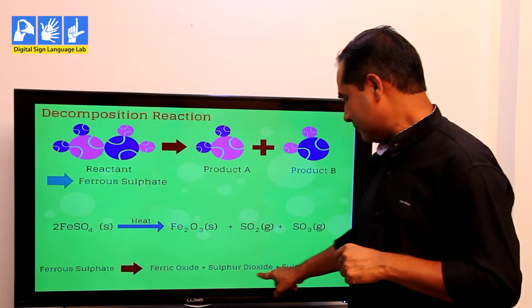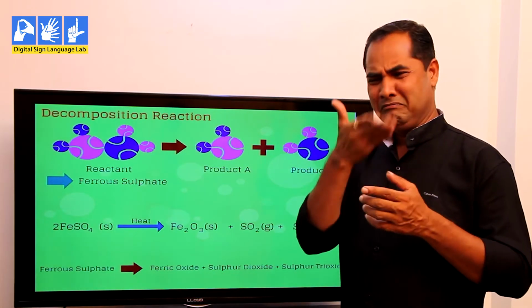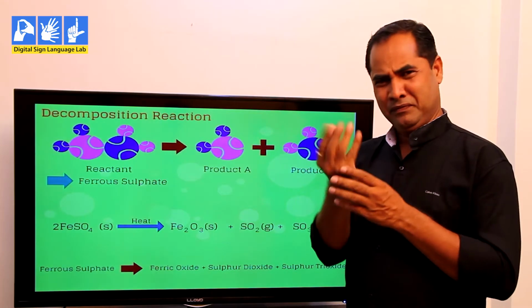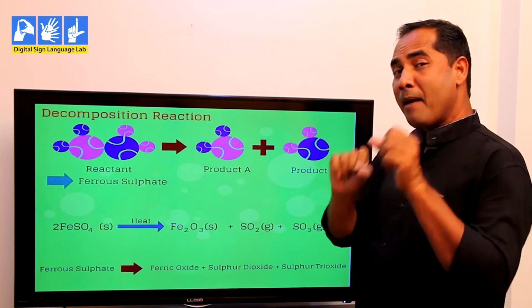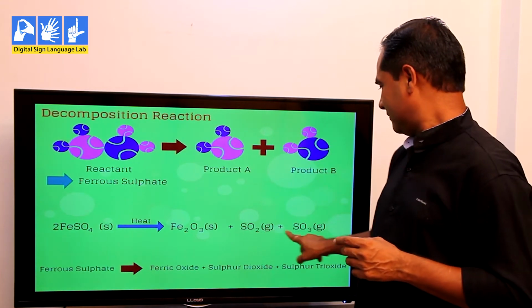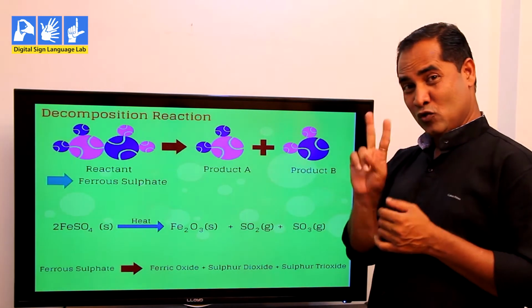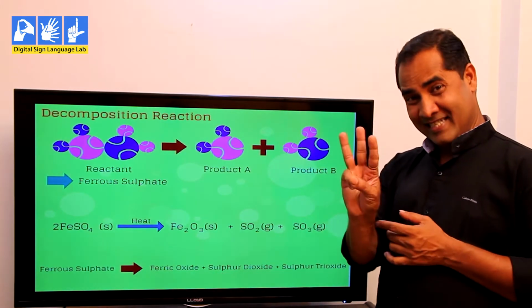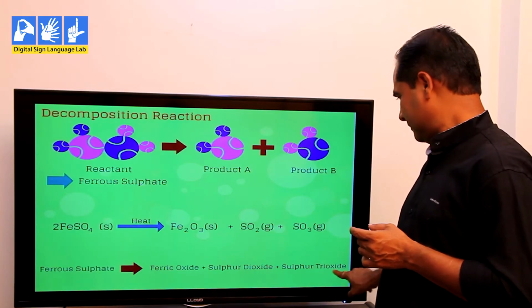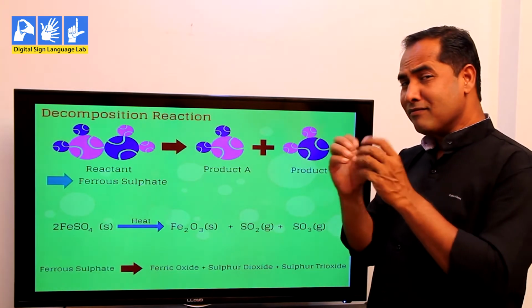Also, a gas called sulfur dioxide, and a third gas called sulfur trioxide, SO2 and SO3. So SO2 is sulfur dioxide and SO3 is sulfur trioxide.